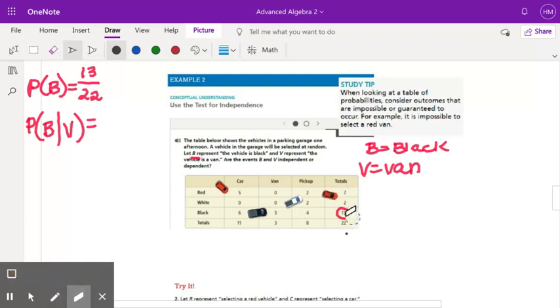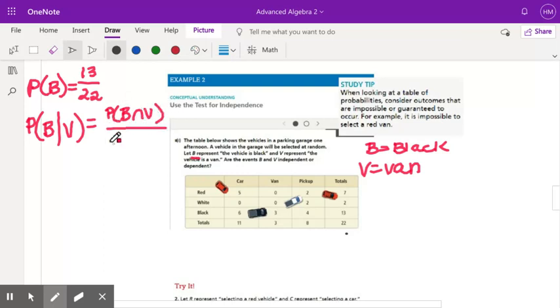Erase what I've got. Now let's go back to the formula for conditional probability. This would be me finding the probability that it is black and a van divided by the probability that it's a van. All right, so black and a van, there are 3 of those, out of 22 vehicles total.